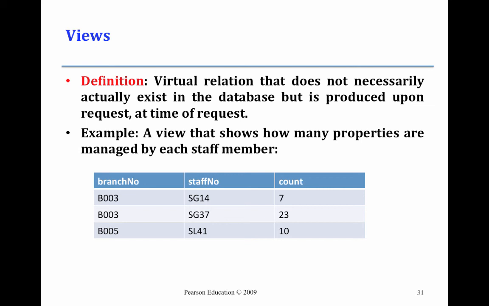The first is to restrict the information that someone in your organization sees. A second reason is so that you can create an intermediate result, and we'll show you doing that today, so that you simplify a query that otherwise might be very complicated to express.